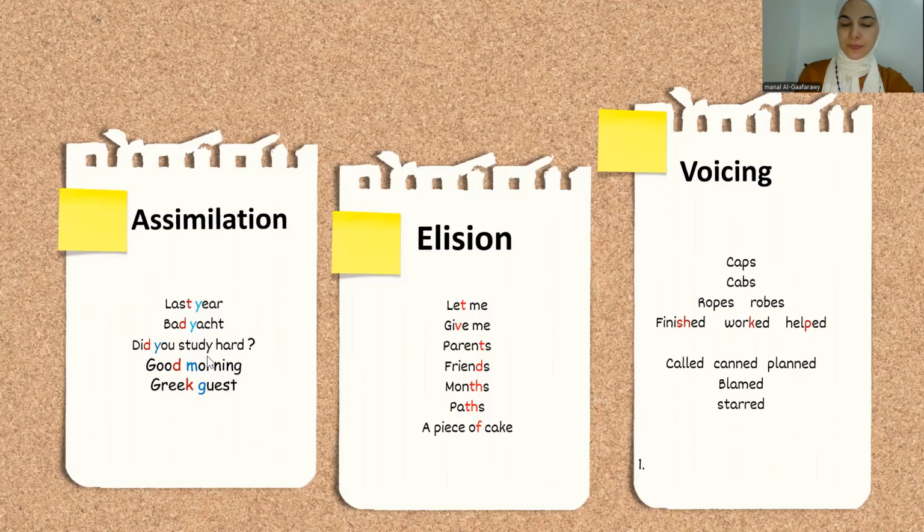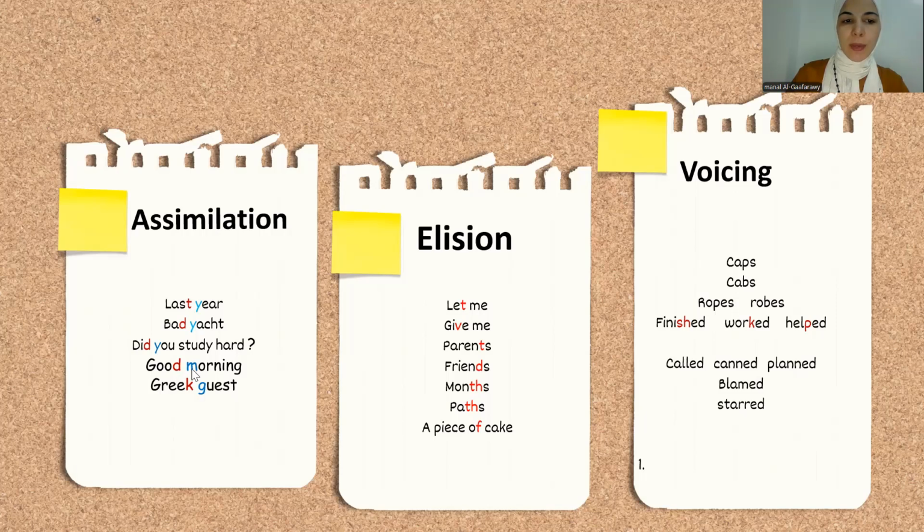Other examples: did you study hard? This is when you say words separately, but when you pronounce them naturally, did you study hard? Here the D sound changes into a j sound due to the influence of the y.